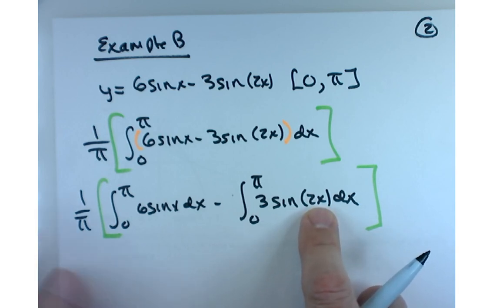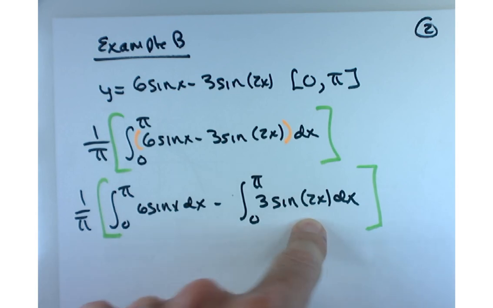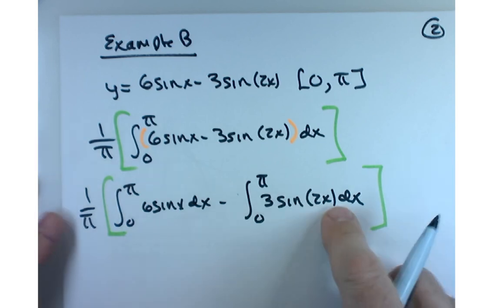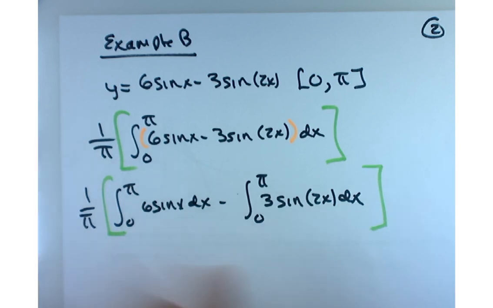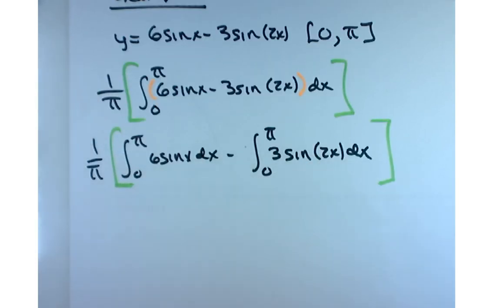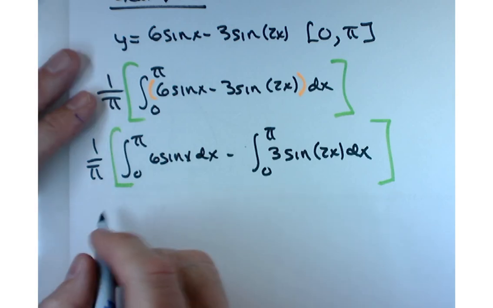Now, I'll be honest with you. In Calc 2, I start encouraging my students to be able to more or less do this stuff in their head to get the antiderivative, kind of circumvent all that extra work of having to practice and work through a u substitution. That said, I am going to practice a u substitution here because this is Calc 1 and we need to practice.